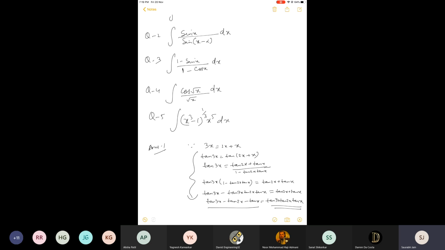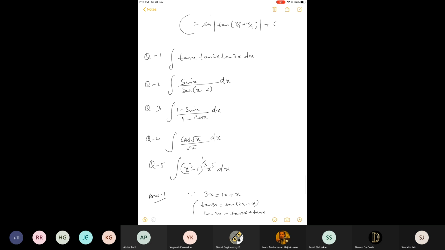So now that we have proved that this product can be written like this, using this concept I will write it like this, and now we have minus in between, so it can be split into three integrands, right? One important thing is the rule studied last day. Integration of tan, we just discussed, is log mod sec x. So it is log mod sec 3x by 3 plus c.